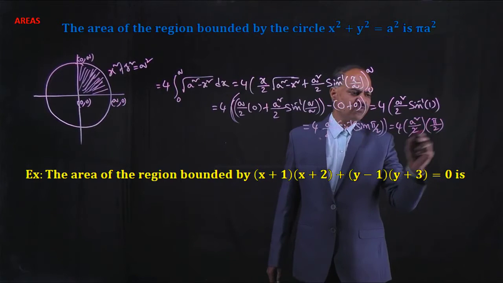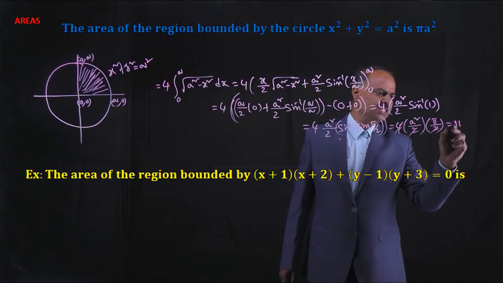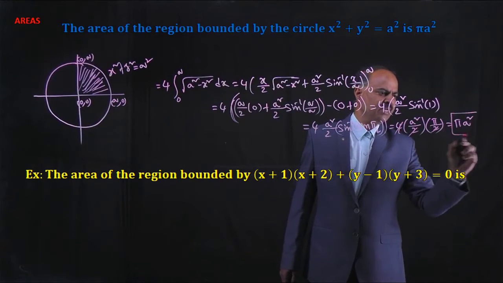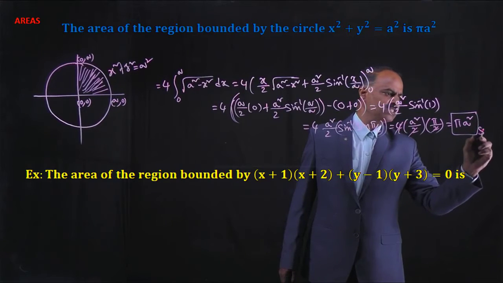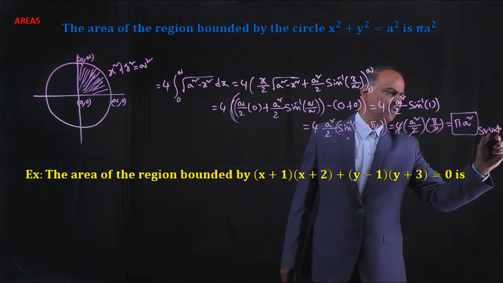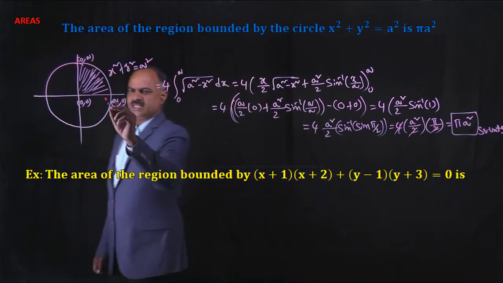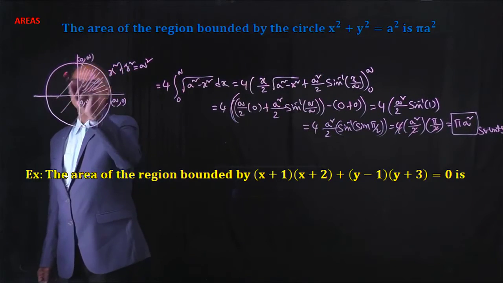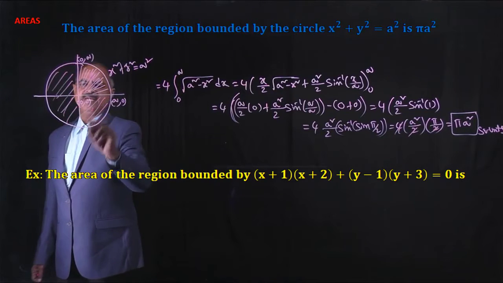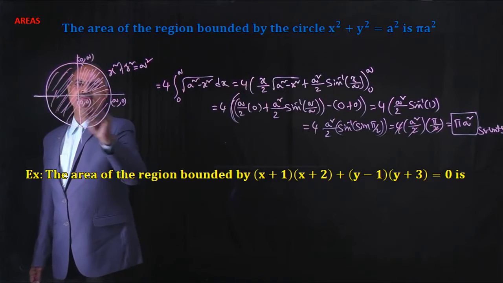So here this 4 and this 4 get cancelled, that is equal to pi a square units. So therefore, the area of the region bounded by the circle x square plus y square is equal to a square is pi a square units.